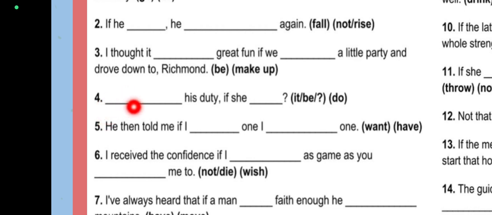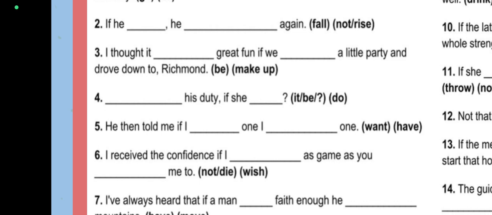Would it be his duty if she did? Aquí, como les digo, la oración por sí sola no tiene mucho sentido. Sería como este sería el deber de él si ella hiciera o si ella lo hiciera. O sea, le hace falta más context to have sense. So no worries. Can you do number 5, please?